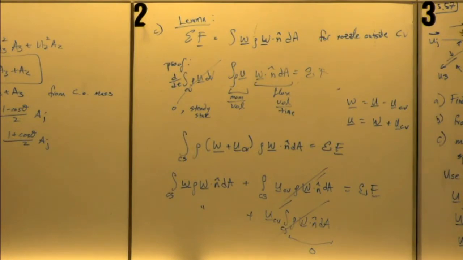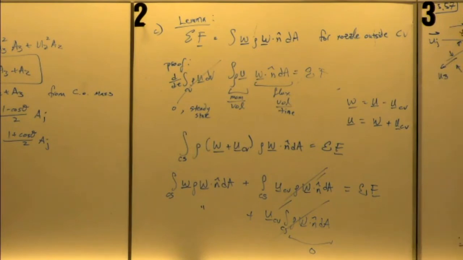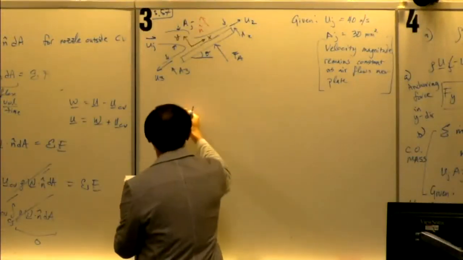In this last part of the problem, we consider this thing moving to the right. And physically, we should get a lower force because we're letting some of it be carried. So we need to use this equation.